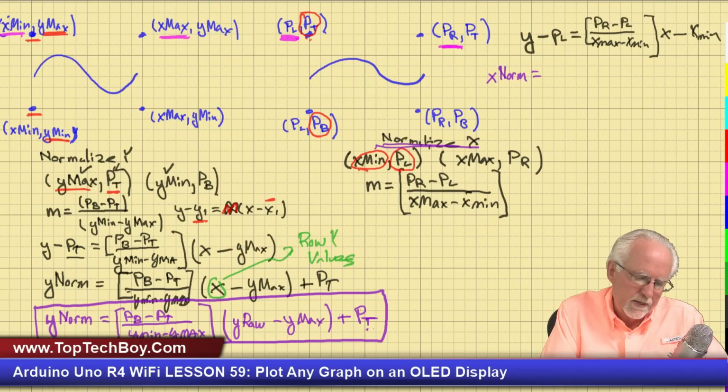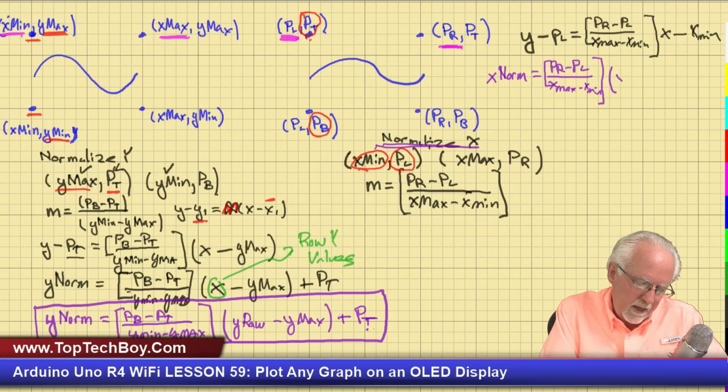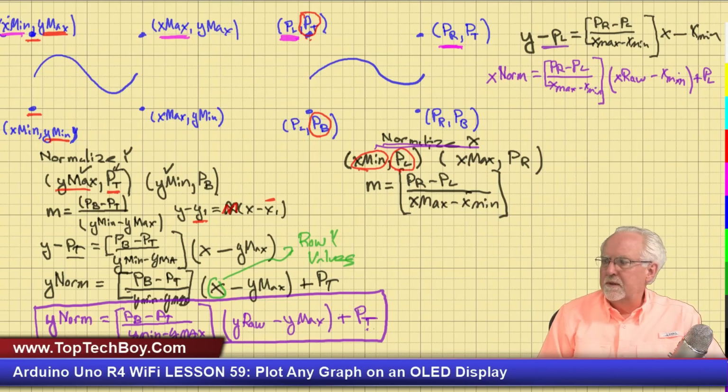So x norm is going to be equal to PR minus PL over X max minus X min onto X. And in this case, what is the X? It is the X raw minus X min plus PL, right? Because I'm adding this one over to the other side.